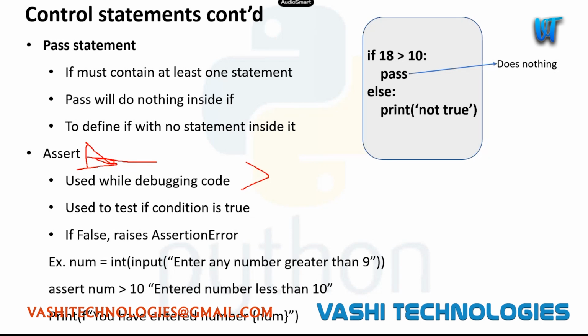So what assert will do, it will just check if the condition is true or not. If the condition is true, then it won't do anything. It will just pass to the next line. If the condition is false, only in that case, it will raise an error, which in our case will be an assertion error. If we are checking any condition using assert and the condition becomes false, then this will raise an assertion error.